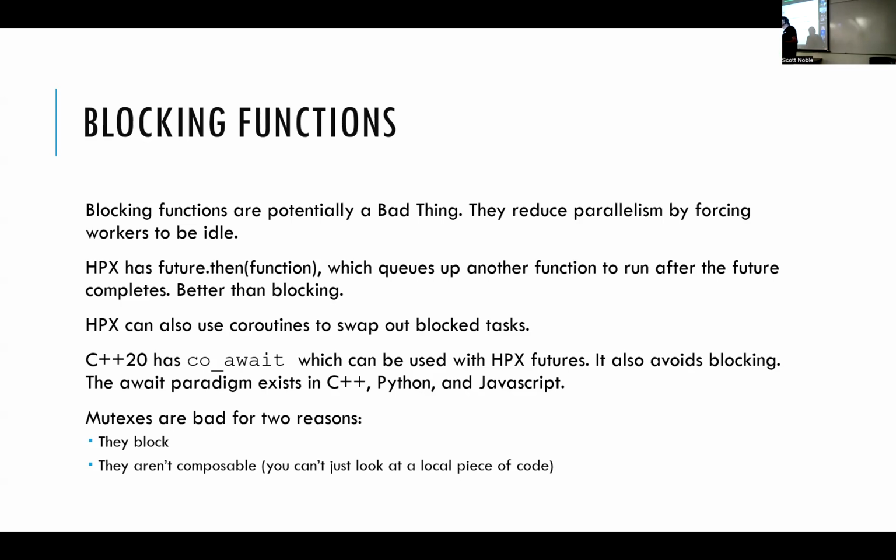In principle, you have to know what everything is doing in order to know whether your mutexes are going to block. There are ways, if you code carefully, that you can avoid this kind of problem, but it's quite insidious. And anybody who does any large-scale programming with mutexes winds up puzzled over how they got something blocking.